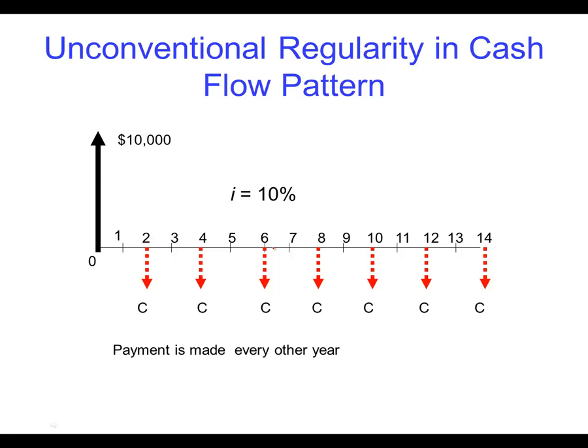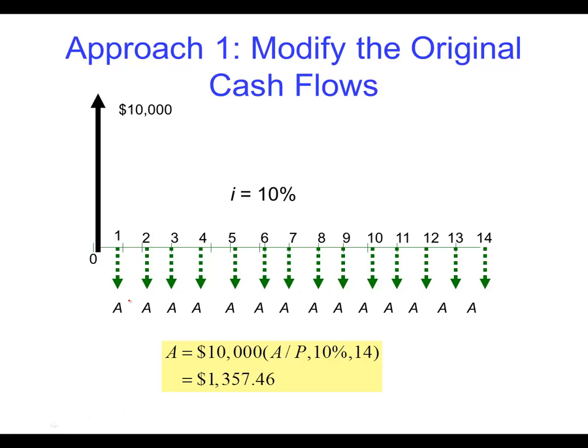The first approach is to add dummy payments for the missing years. So I will have A for every year, all 14 years, and I can calculate this value.